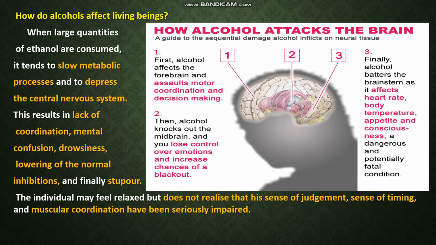Blackout means temporary loss of consciousness. Finally, alcohol batters the brain stem as it affects the heart rate, body temperature, appetite, and consciousness. A dangerous and potentially fatal condition. Fatal condition means it may cause death also.